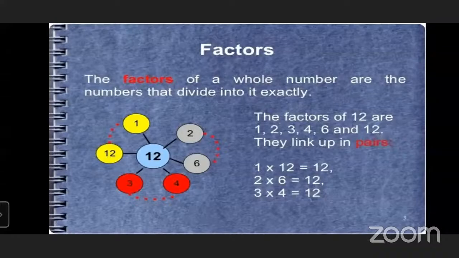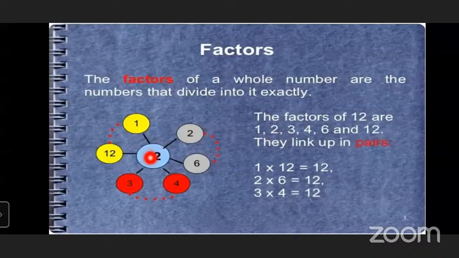The number is 12. We have to check which two numbers multiply with each other and make 12. Just look at this: 2 and 6. When we multiply 2 by 6, 4 by 3, and 12 by 1, what do we get? 12.